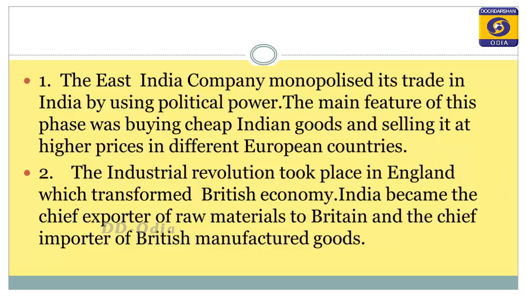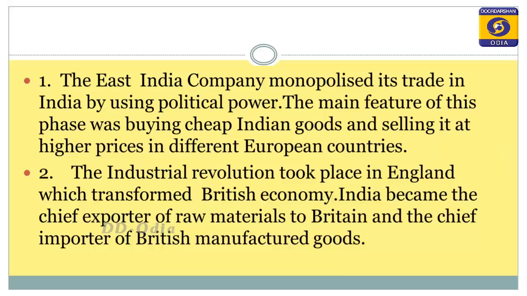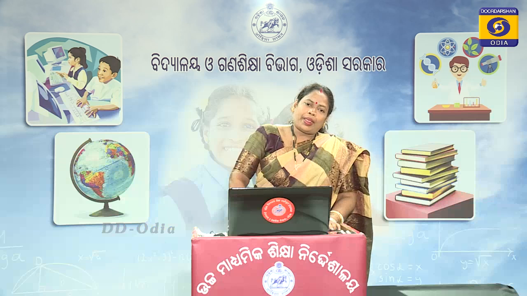Then the second phase is that the Industrial Revolution took place in England, which transformed the British economy. There was a better economic condition of England due to the Industrial Revolution. India became the chief exporter of raw materials to Britain and the chief importer of British manufactured goods.